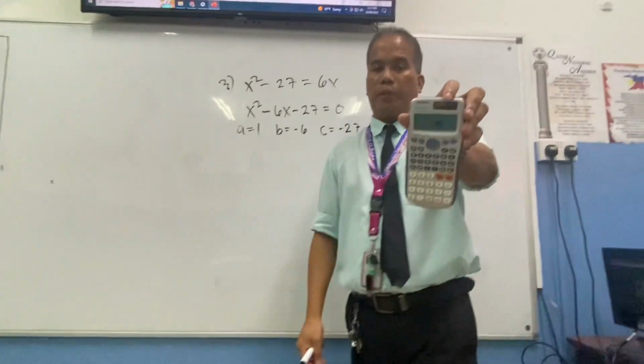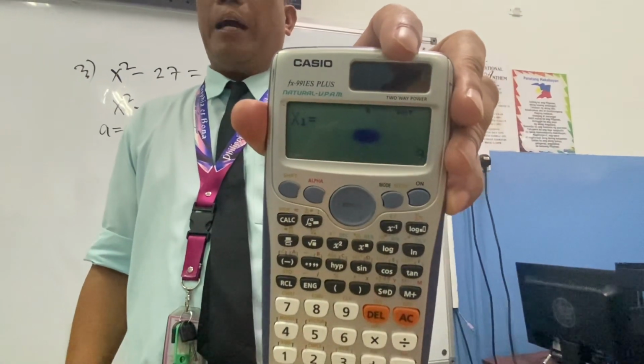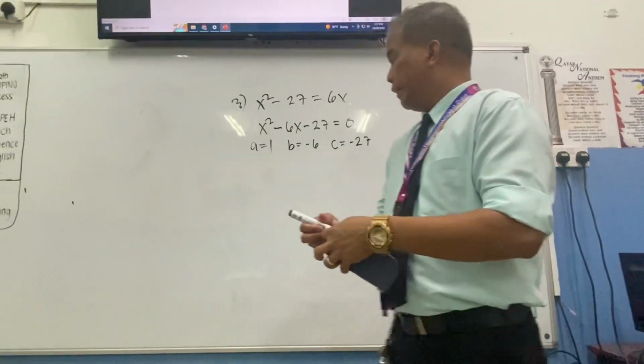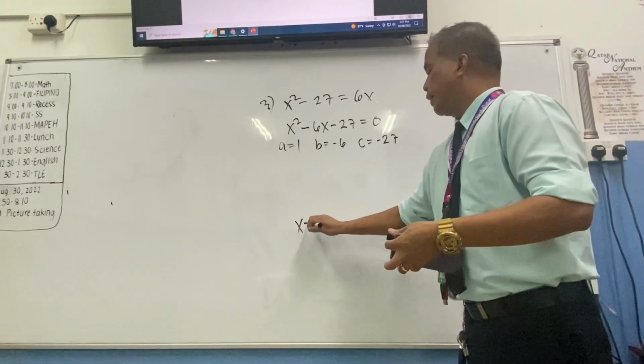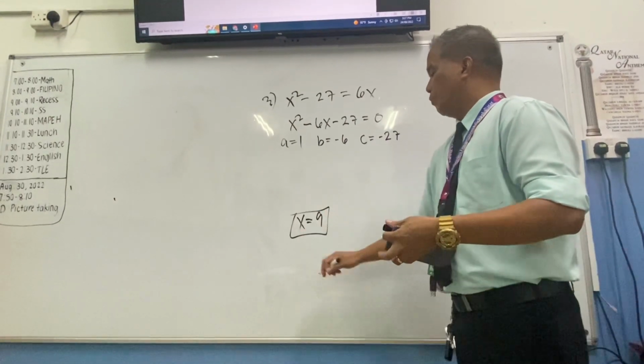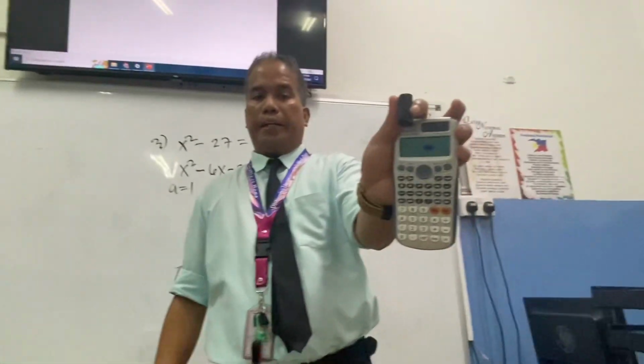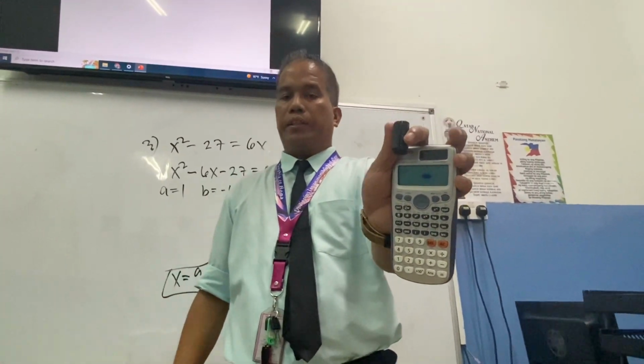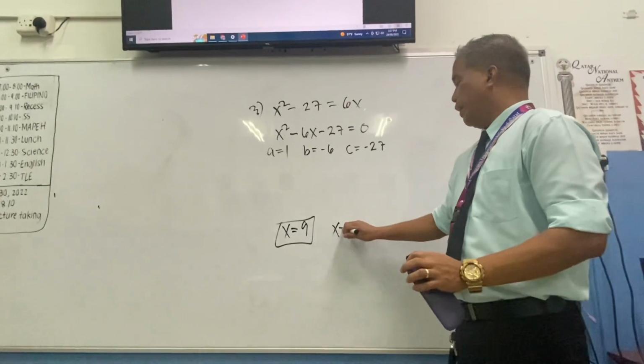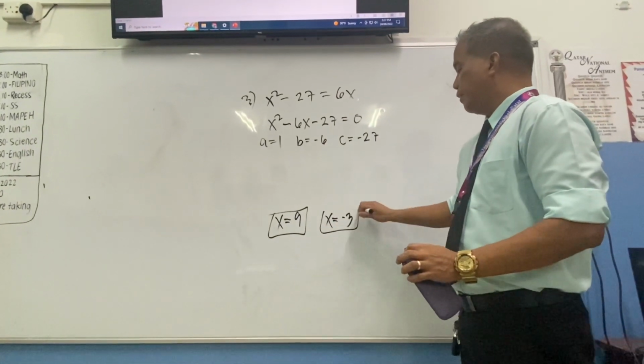So that will be the first answer. We have now x equals 9. So this is the first solution. Then again, press the next one. We have x equals negative 3.